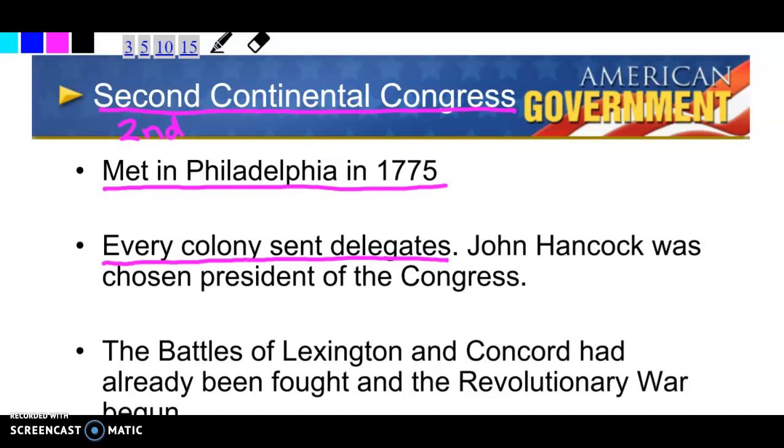During this time, in 1775, the Revolutionary War had already started. The battles of Lexington and Concord had already been fought, and war had already now been declared.